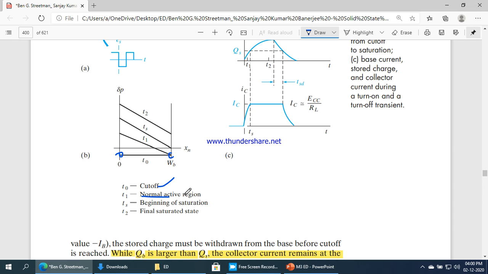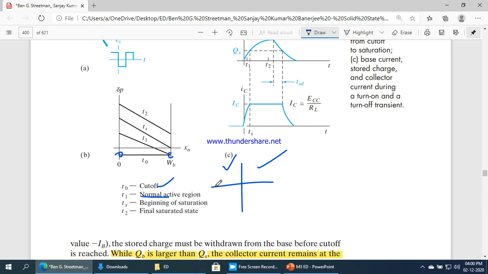Now T1, the normal active region. We have four regions of operation. Here the emitter base junction is forward biased and the collector base junction is reverse biased.